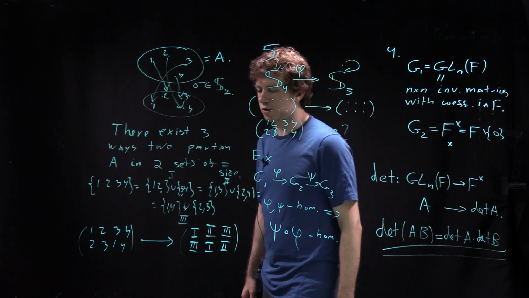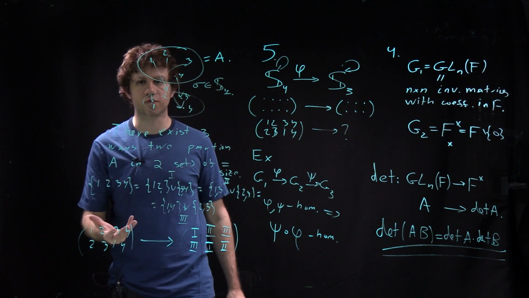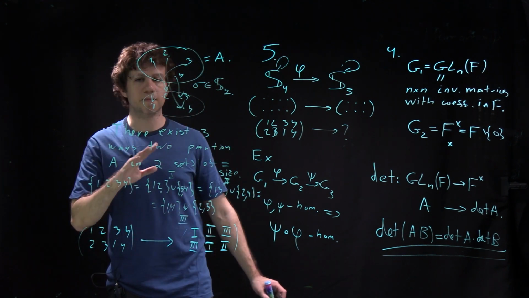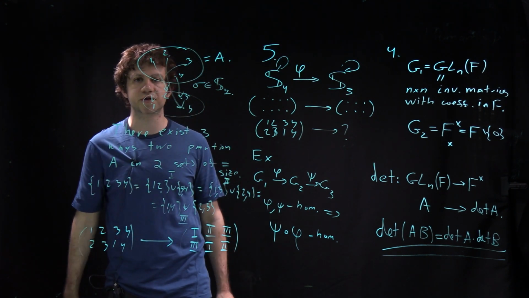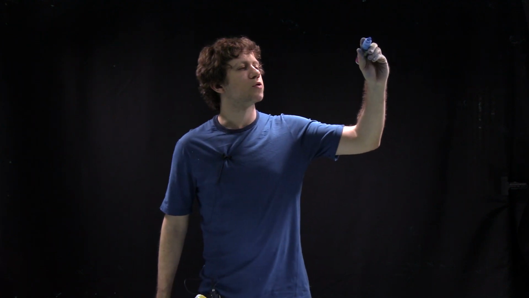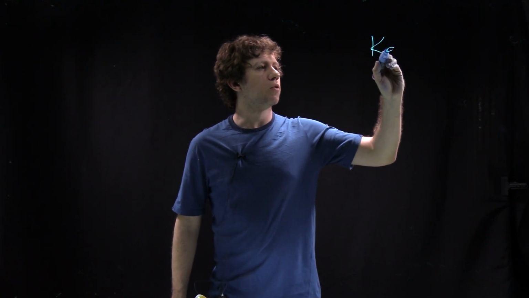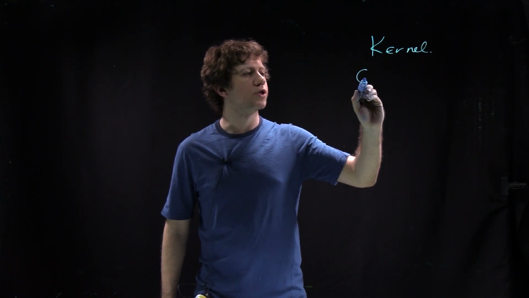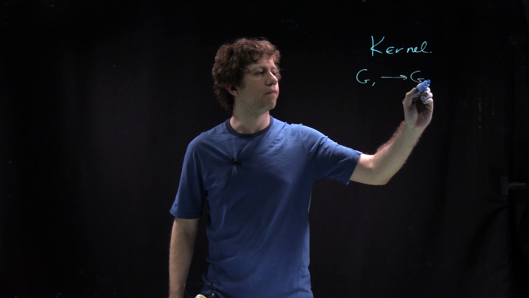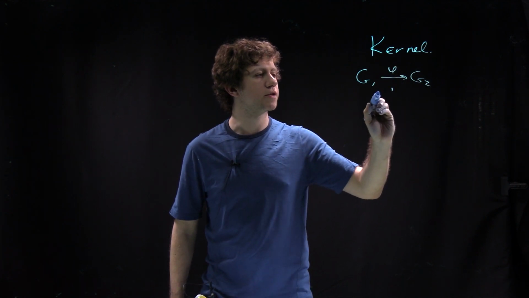So next I want to talk a little bit about kernels of homomorphisms, images, and other basic definitions related to homomorphisms. Okay, so first I want to talk about kernels. The kernel is something you know from linear algebra, and basically it has the same meaning. So φ from G1 to G2 is a homomorphism.